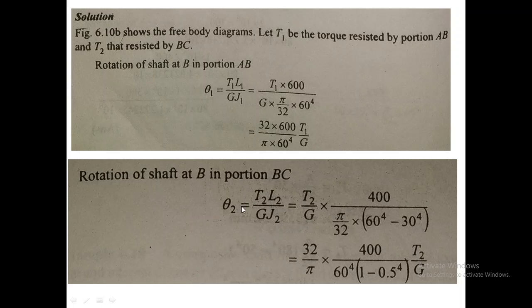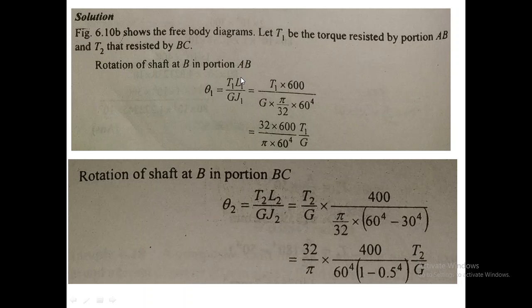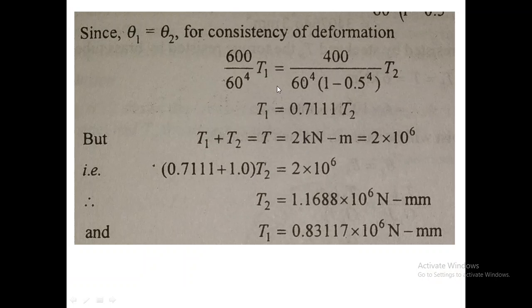Similarly for portion BC, the same formula holds good, and we'll get theta 2 with respect to T2 and G. Since theta 1 is equal to theta 2, we will get these two equations. When you get these two equations, G will get cancelled out because it is constant for the material, and we get the relationship between T1 and T2.